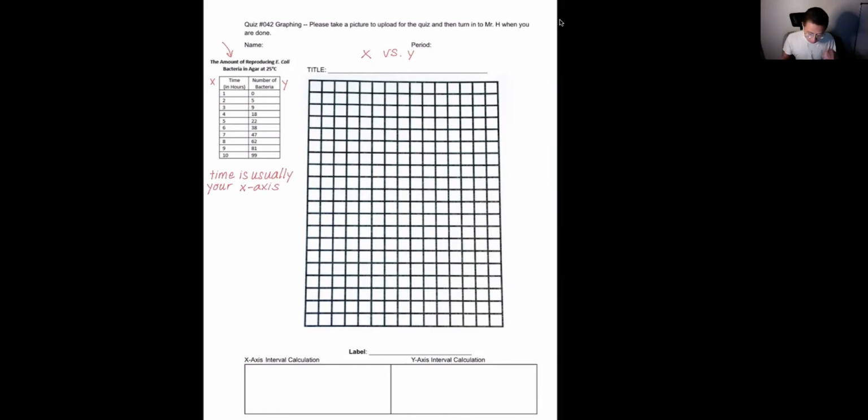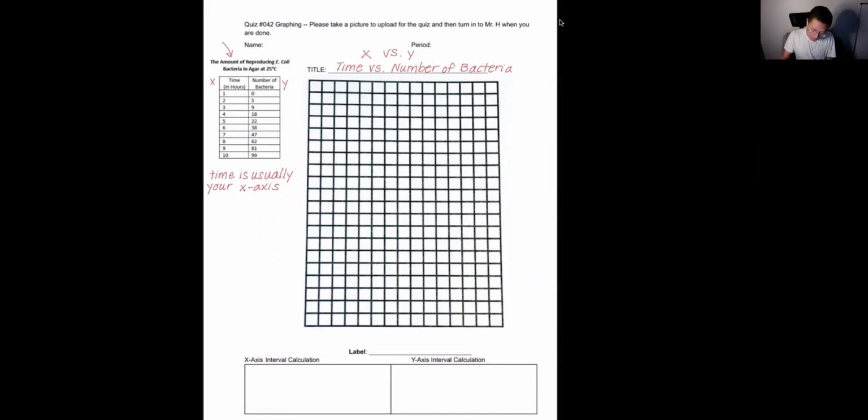So if I'm going to follow this format, then I am going to write time versus number of bacteria as my title. And I need to start putting my labels.